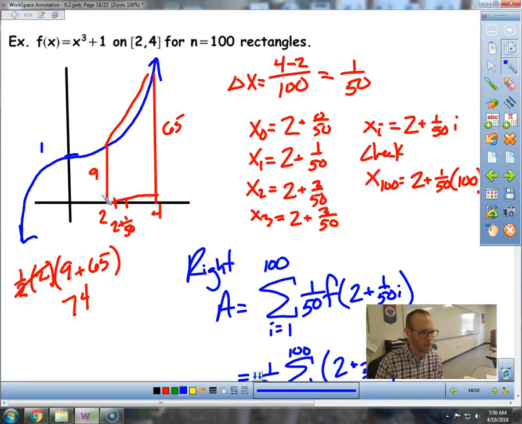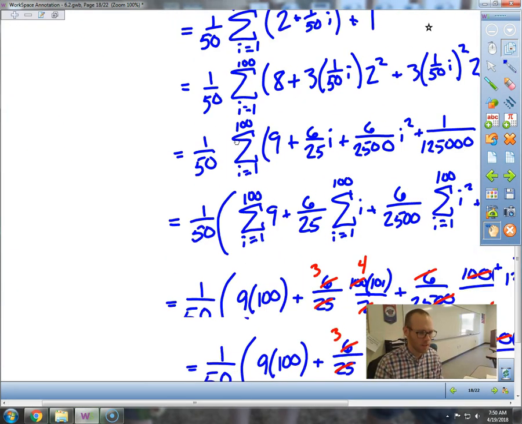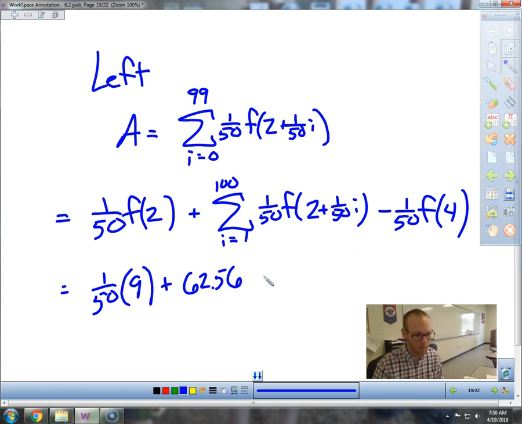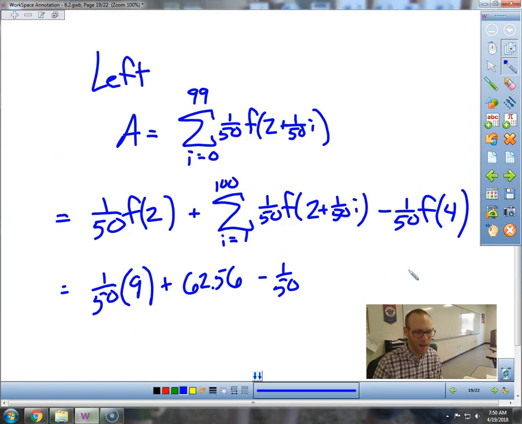Now f of 2, I just did that. That was 9, wasn't it? Plus, this is the sum that we already did. That's the right. That was about 62.56. Now we have to subtract off 1/50th of f of 4. f of 4, the height there was 65.